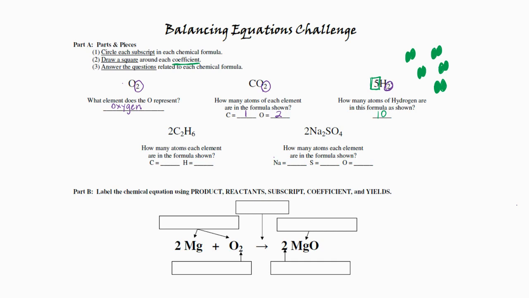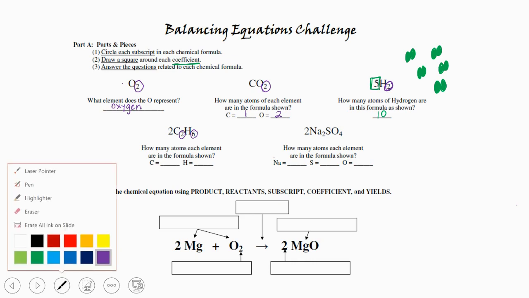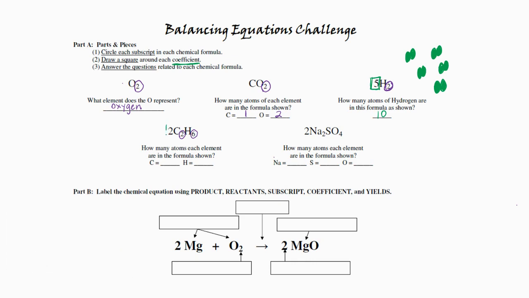Okay, so let's take a look at this next one. We have 2C2H6. So let's circle our subscripts again. 2 carbons and 6 hydrogens, and we'll put a square around the coefficient 2.